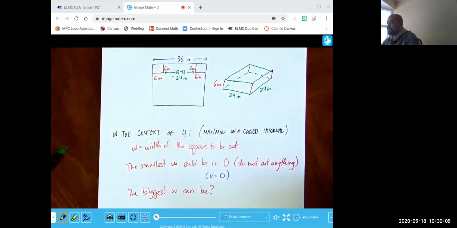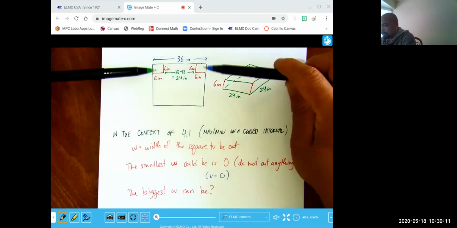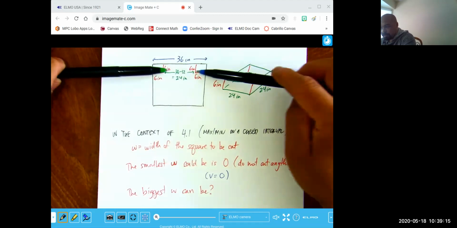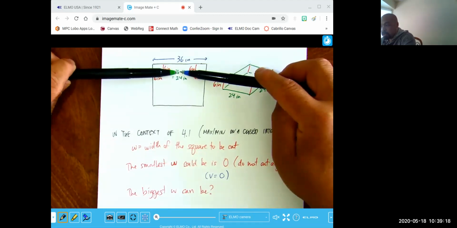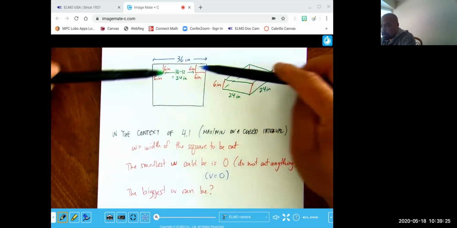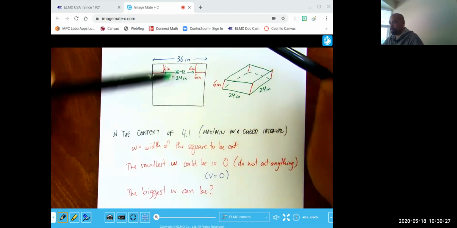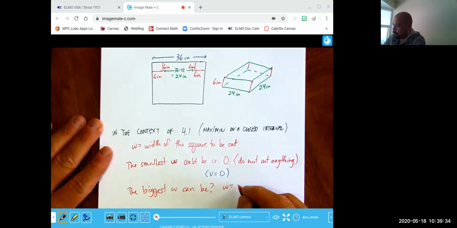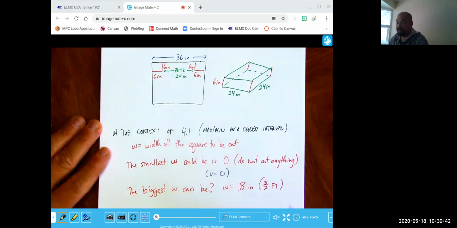So since we're cutting equal amounts on either side of that 36 inches, that 3 feet, the most we can cut on either side physically, how deep I can make that cut, would be that W is going to be 18 inches, or 3/2 of a foot.